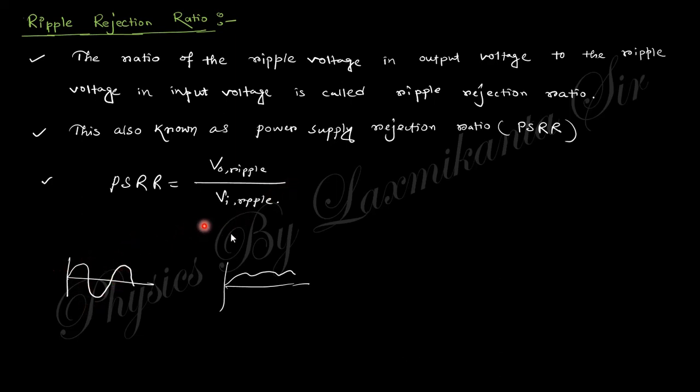The ratio of these two parameters is known as the PSRR, that is the power supply rejection ratio or the ripple rejection ratio. So these are three parameters by which you can measure how the power supply is regulated. Regulated means the output voltage does not change with the effect of load or the input voltage or the temperature.